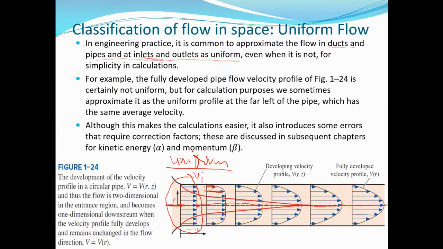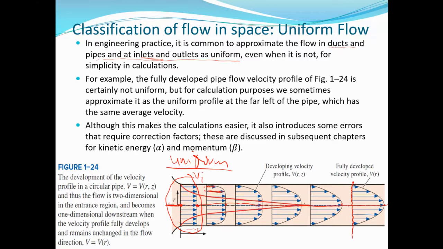So if the velocity changes, you have acceleration. So a particle traveling along the center line streamline is accelerating because the velocity is changing with distance, and changing with time. So it is accelerating.